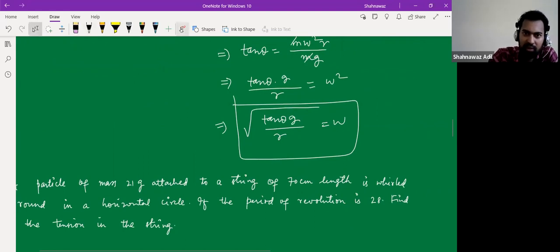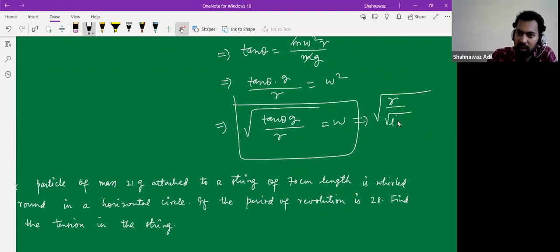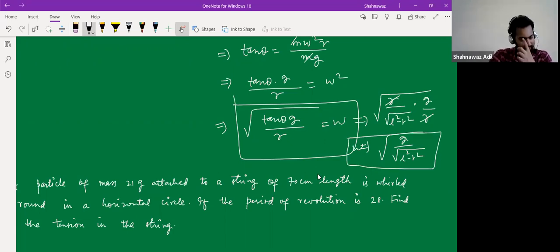So tan theta is what? R by root L square minus R square into g by r, right? So this will be what? Root of g upon root of L square minus R square. So this is omega. Right, so this is the answer. Okay. Any question up to this point? No, sir.